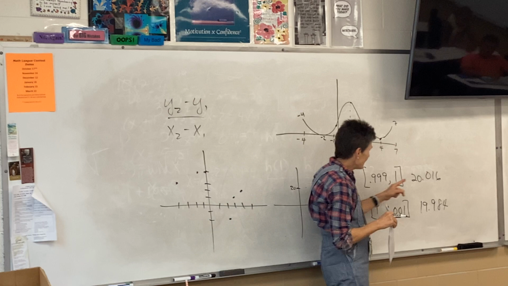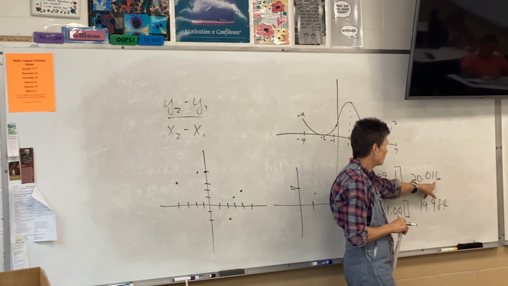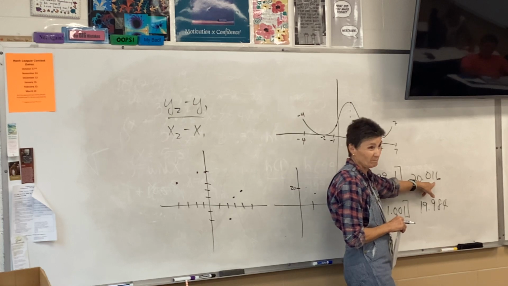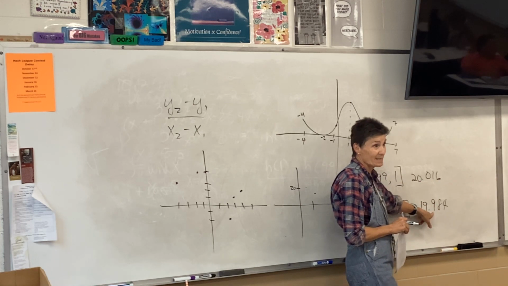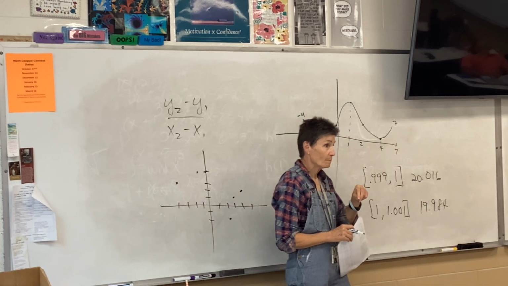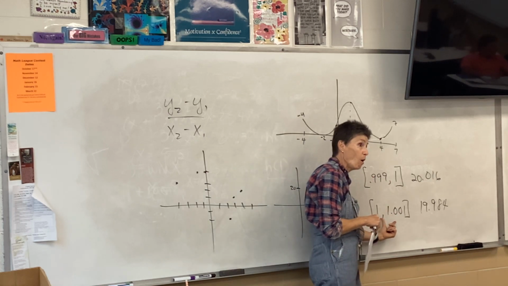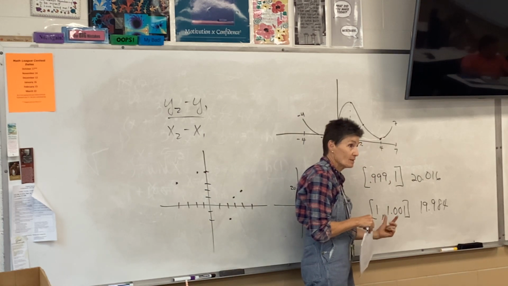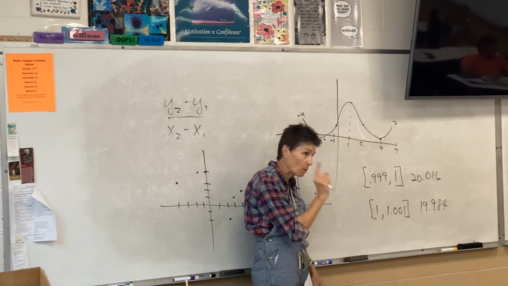And if you look, it really is almost perfect in this example, because isn't this 0.016 bigger than 20? And this is 0.016 less than 20? Yeah. So the way we're doing this is we are examining increasingly small intervals so that we can find the velocity at that 1, or the instantaneous rate of change at that 1 point.